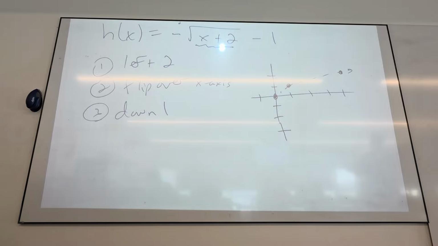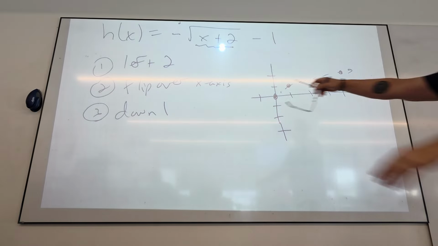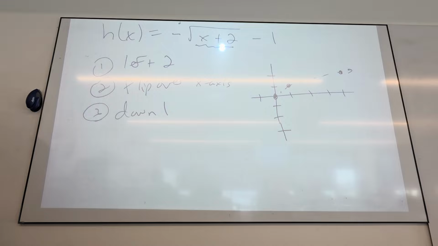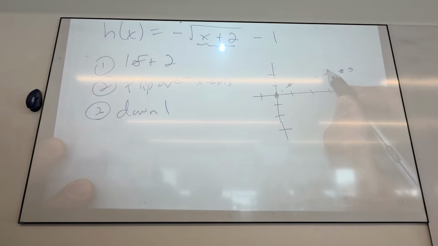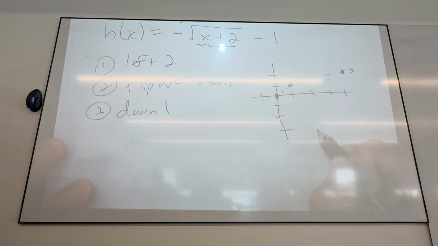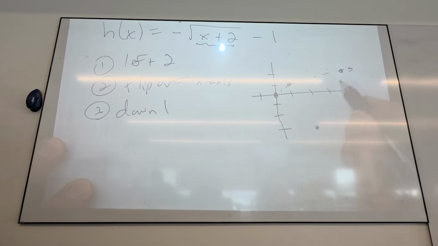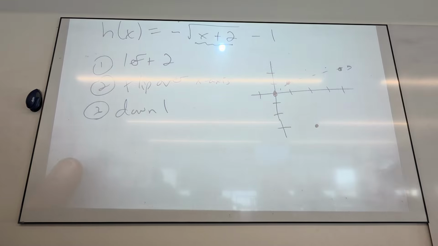So now I just take a point and I start doing this stuff to it. So if I took this point, I would go left 2, flip over the x-axis, and then down 1. That's what this point did. Left 2, flip over the x-axis, and then down 1. Is that cool? And if you need to, you could do several graphs doing one thing at a time.